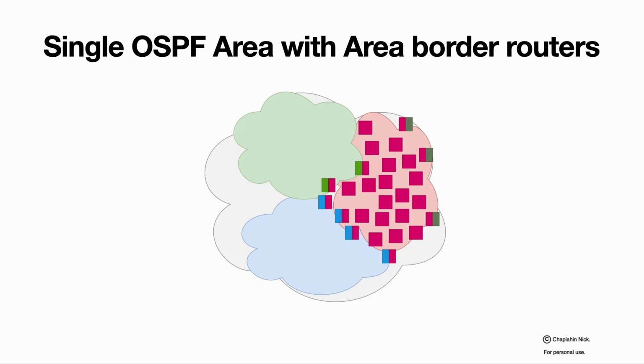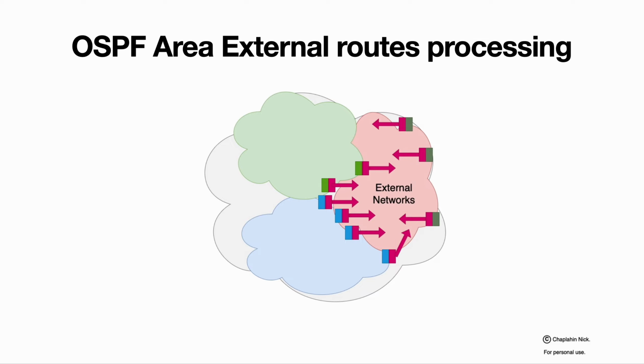For example, we have an area. We have devices colored with a single color that are internal to this area, and devices colored with two colors that are boundary routers for this OSPF area.